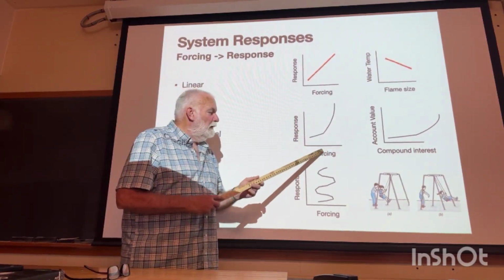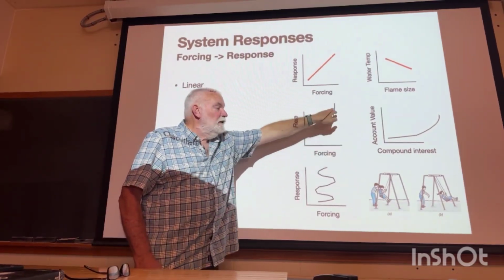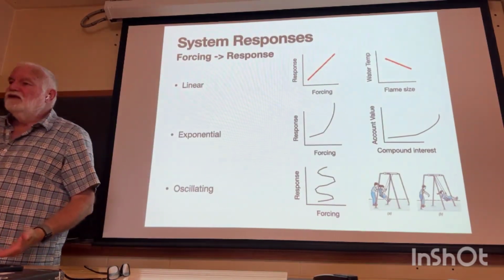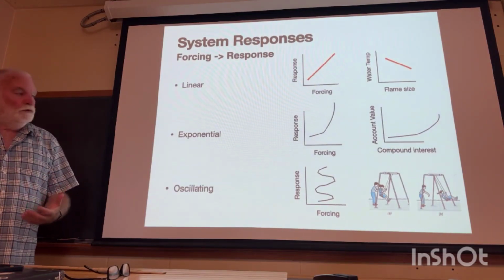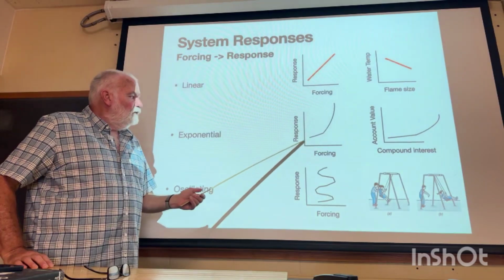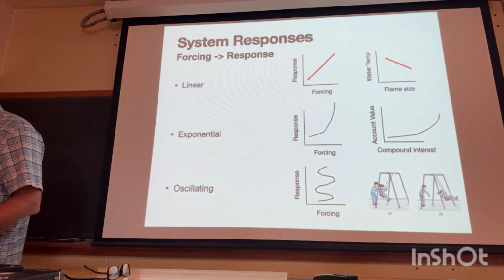So this is a thing where I go a little bit, and it goes up this much. But over here, I go that same little bit, and it takes off. There are very few things that have an exponent of 4. There are a lot of things that have an exponent of 2. So an example here of an exponential responding system to forcing was the black body radiation.